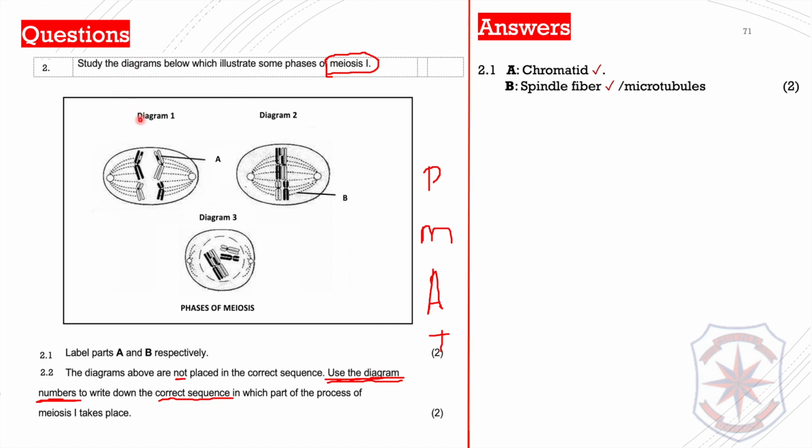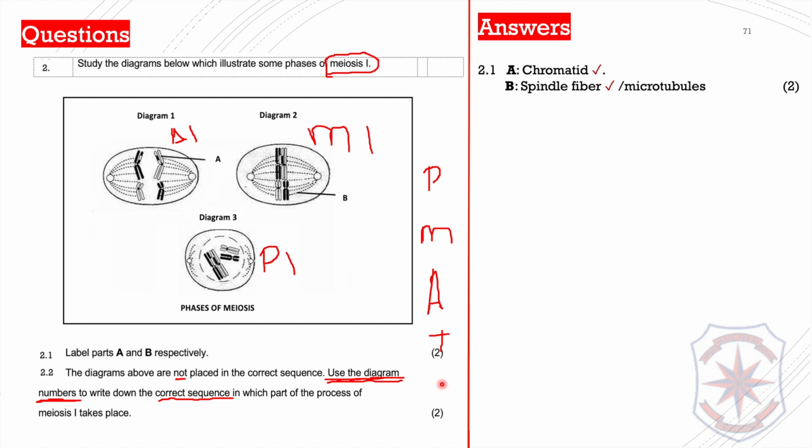Okay? Now, we say that this is diagram 1. We say that it is anaphase 1. Excuse me. We say that diagram 2 is metaphase 1. And then diagram 3, we had said that it is prophase 1. So in this sequence, prophase 1, metaphase 1, anaphase 1, telophase 1, we check the sequence.